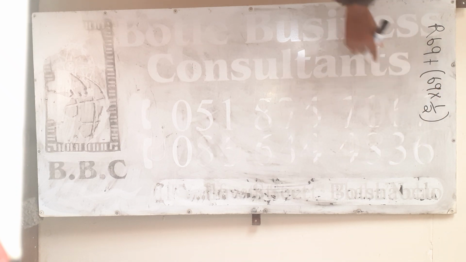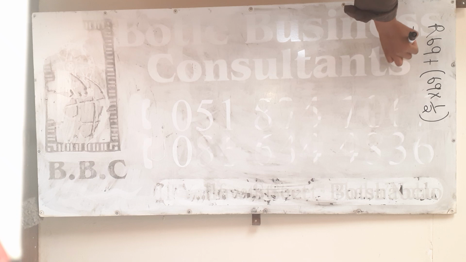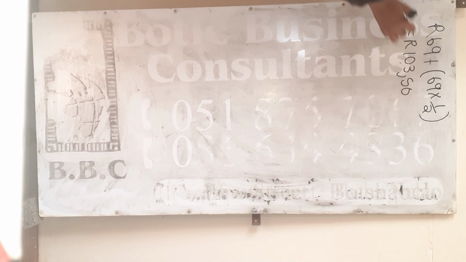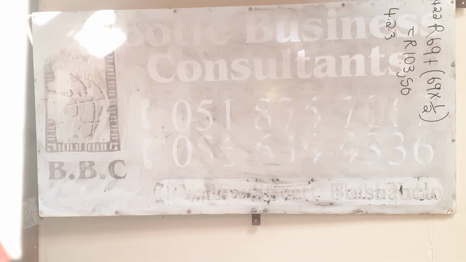Half, or 0.5, and that will give us an amount of 103.50 rand. That's 4.2.2. Now here we have 4.2.3.